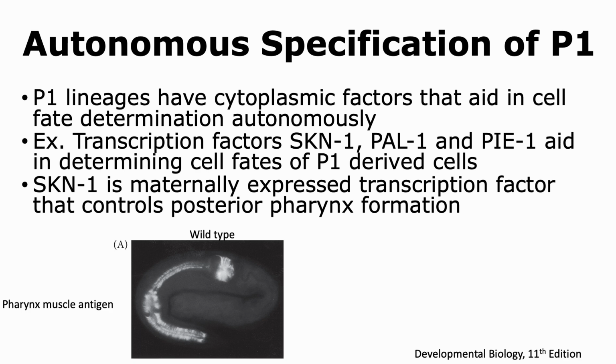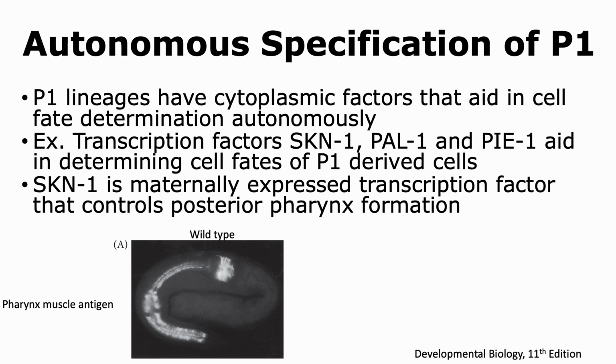This is a maternally expressed transcription factor that controls the posterior pharynx formation. So when we look at the wild-type embryo, where we have SKN1 present, and we look for where we can find the pharynx muscles, the parts showing as bright white structures are basically the pharynx muscle region.